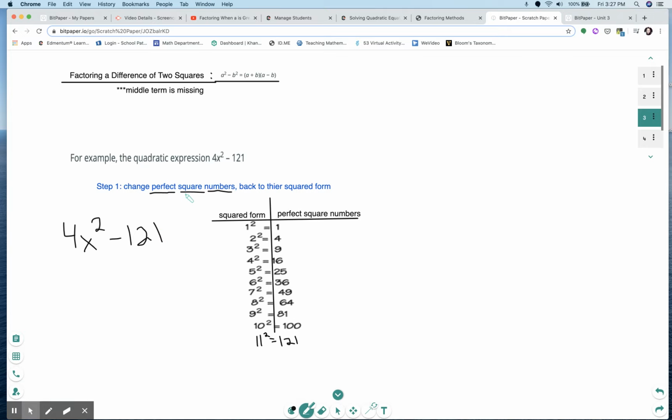We want to change the perfect square numbers, which is this side, back into the squared form. Let's find 4. So 4 is right here. We want to change the 4 back into its squared form, so let's say this is now 2 squared officially, and everything else stays the same. But we also see that 121 is a perfect square number, and now we want to change it back to its squared form. So let's take the 121 and change it.